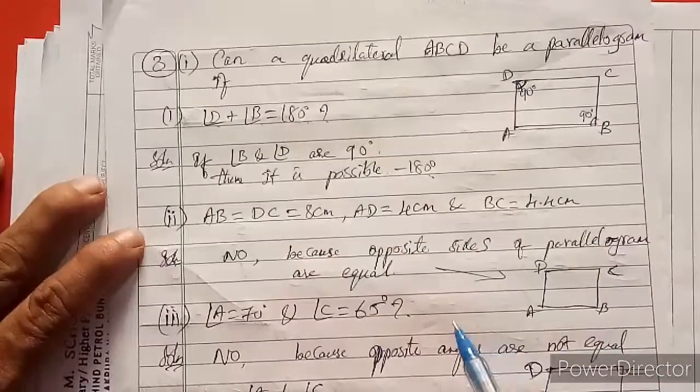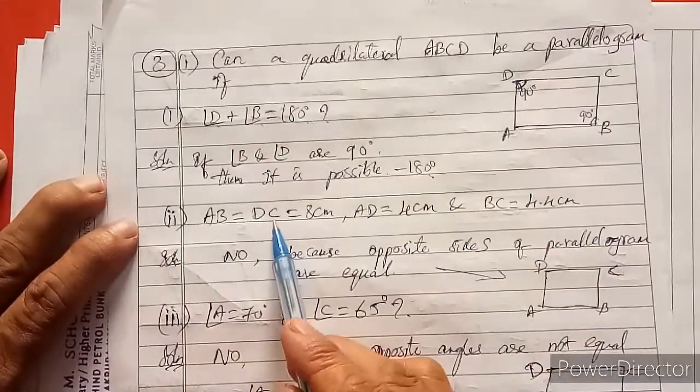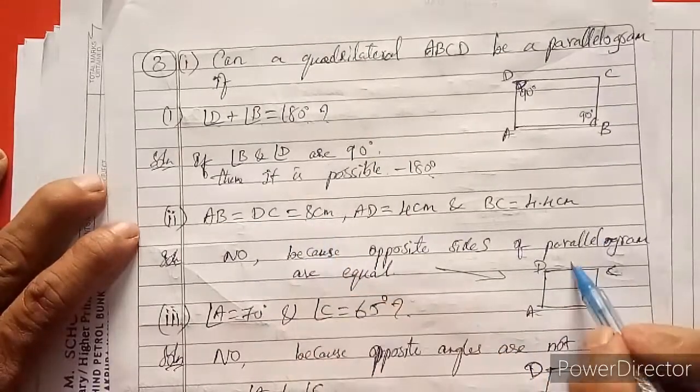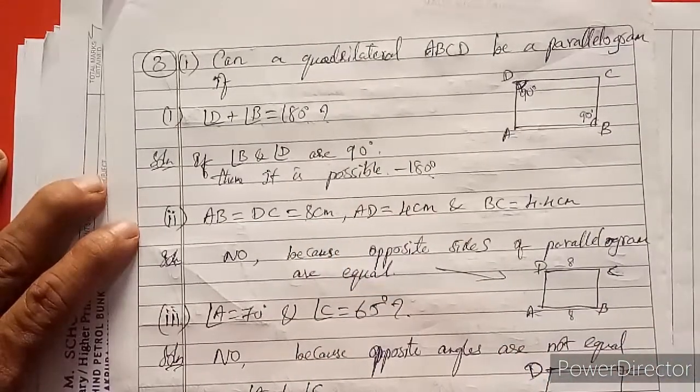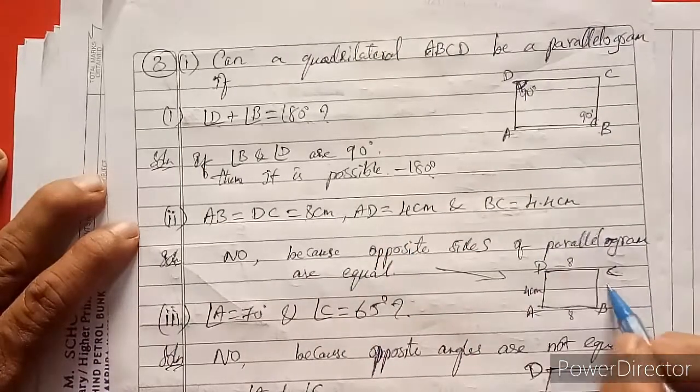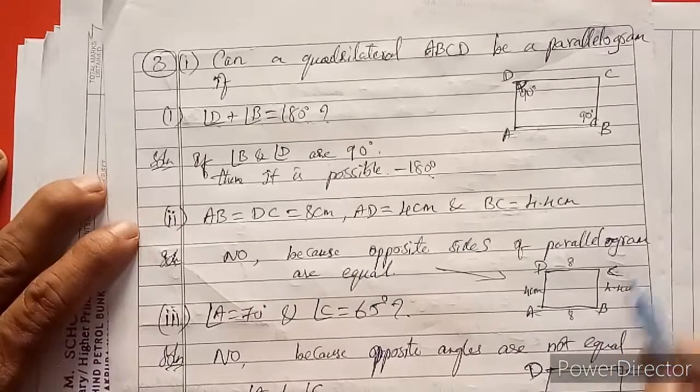Similarly the second question: AB is equal to DC, that is 8 centimeters, and this is also 8 centimeters. Assume that AD is 4 centimeters and BC is 4.4 centimeters.